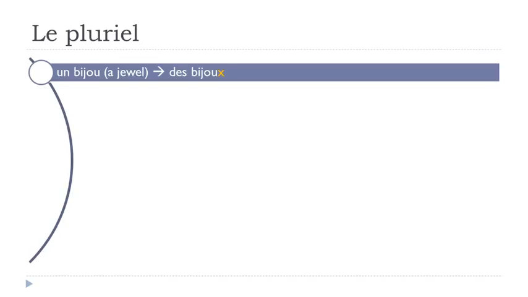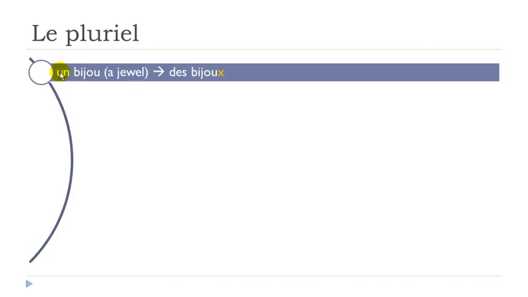I've been listing all the exceptions of the ou ending, words that will not take s but take x at the end. As usual, it's not pronounced, so it doesn't really affect the pronunciation, but it's just for you if you want to write them correctly at the plural form. Remember, it's not s, but it's x.